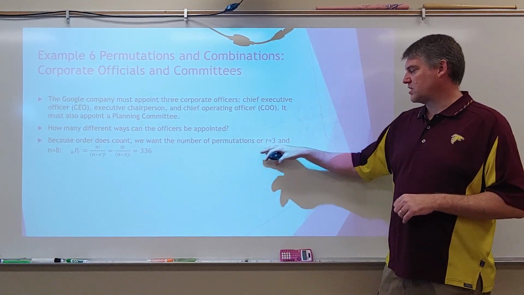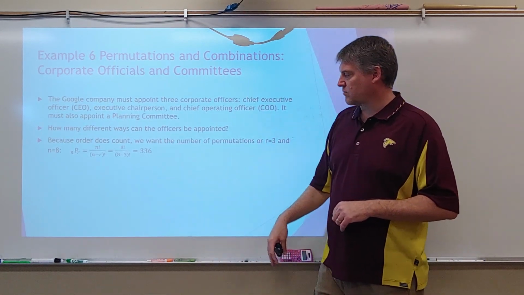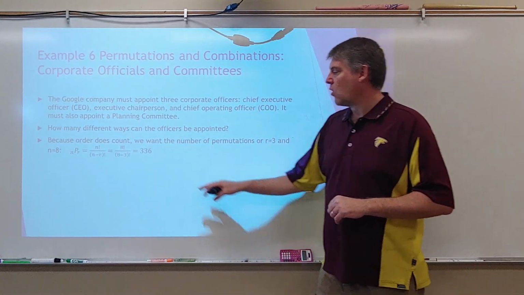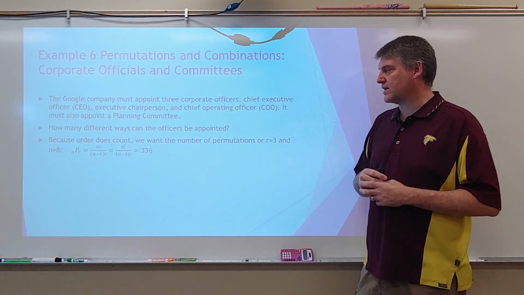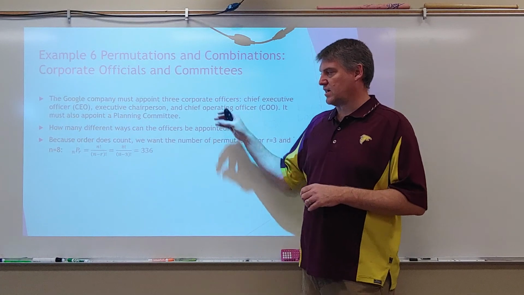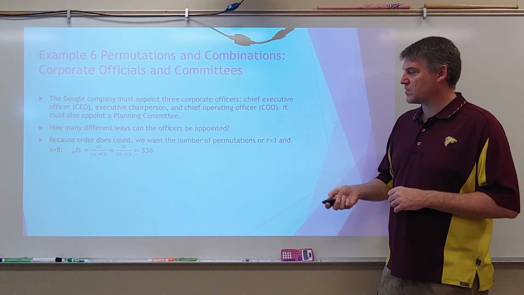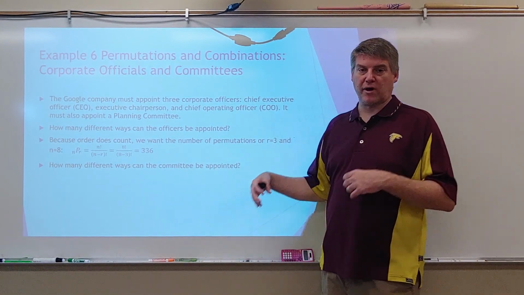So permutation of r, so we have n equals 8, r equals 3, so we have 8 factorial over 8 minus 3 factorial, or 336 different ways that 8 people can be selected to be these 3 officers. Now, if I want a committee, how many different ways can the committee be appointed?